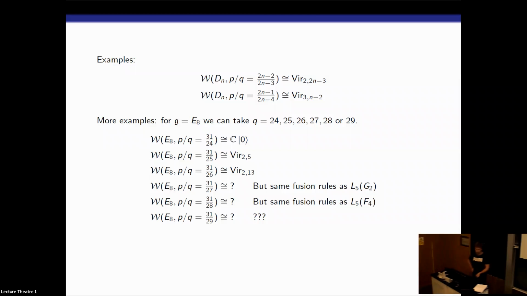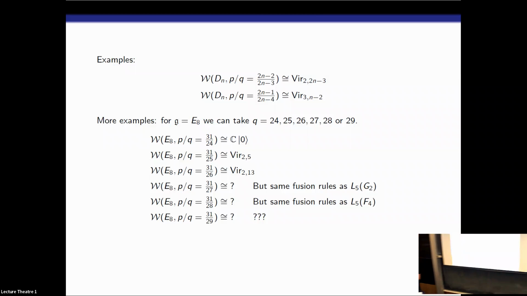Then O_Q is the subregular nilpotent orbit. So in both of these cases, we can do reduction by subregular and get a rational W algebra. It turns out both these cases are very well-known vertex algebras. They're Virasoro minimal models with parameters 2, 2n minus 3, and in this case 3n minus 2.